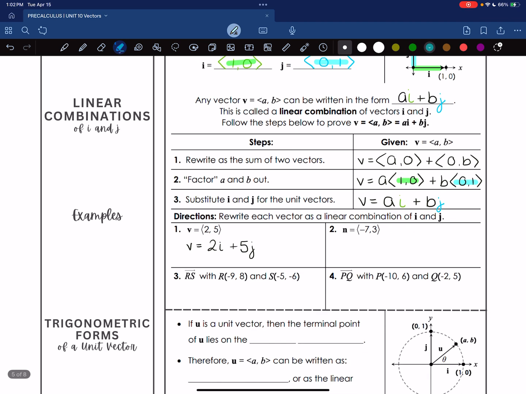So when you're looking here at your a and b, remember that a corresponds with the horizontal component, and b is the vertical component.